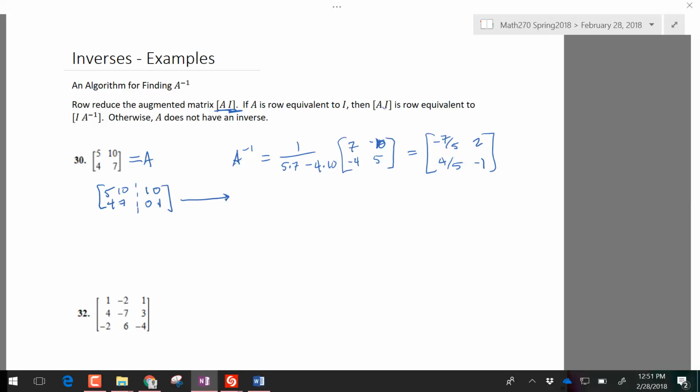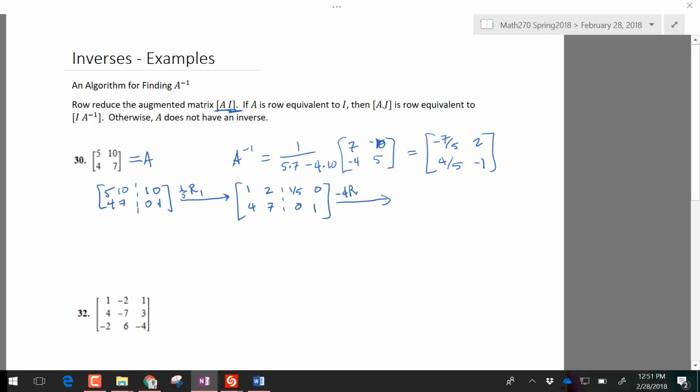So let's reduce. I kind of want to make that 5 into a 1, so let's multiply the first row by 1/5. I got 1, 2, and then 1/5, 0. Starting off with a fraction already. And then let's try multiplying the first row by -4 and adding it to the second one.